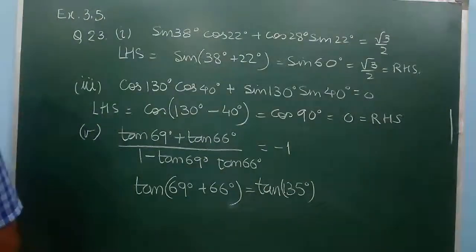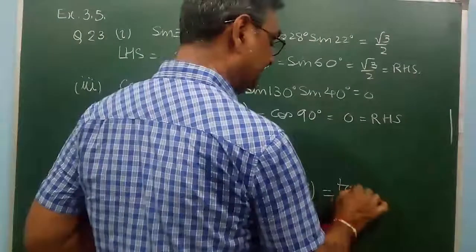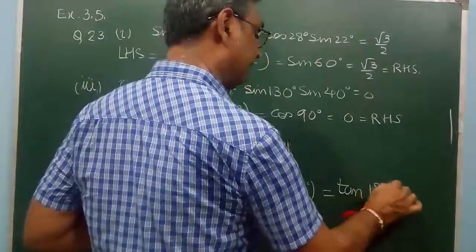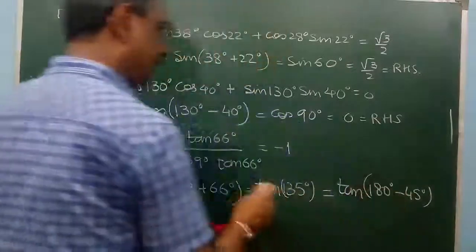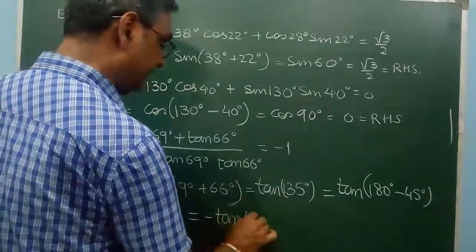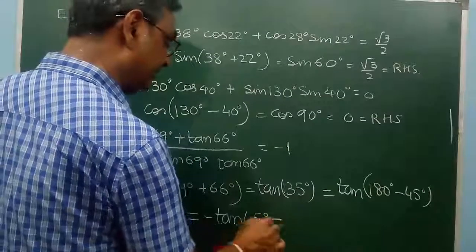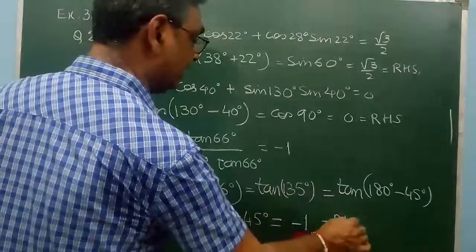This one we have got here. Tan 135 means tan (180 degree minus 45 degree), and this means minus tan 45 degree. And what is tan 45 degree? That is equal to 1. So this equal to minus 1, this equal to RHS.